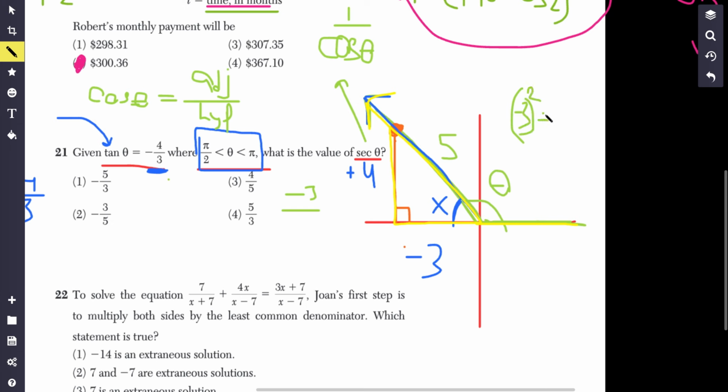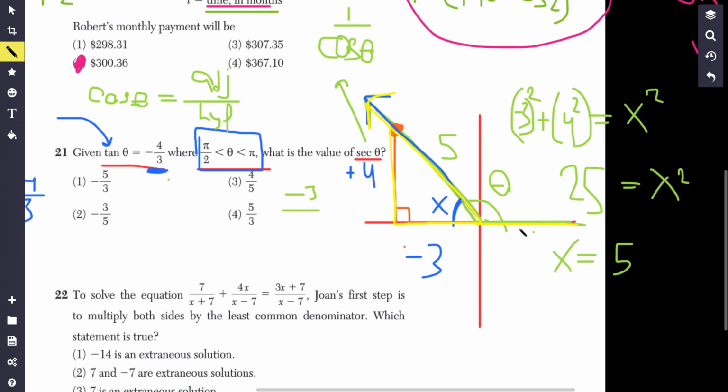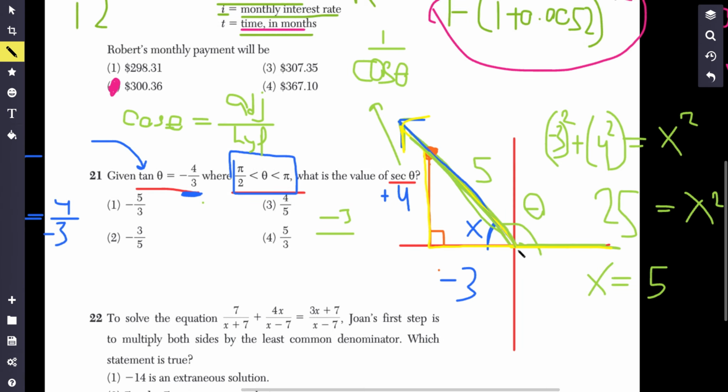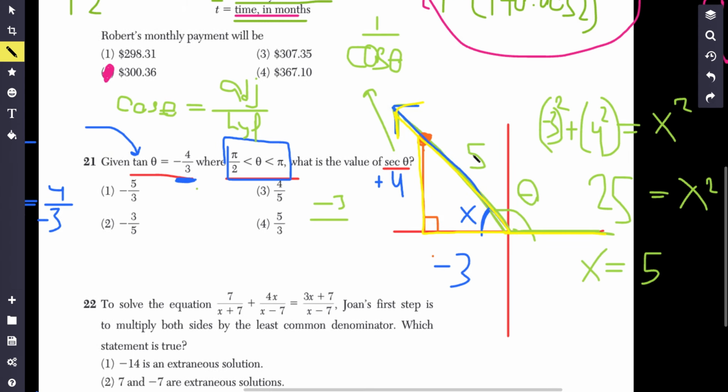Negative 3 squared plus 4 squared is equal to, if we didn't know this side was 5, let's say x squared. You would get 25 equals x squared, and x is equal to 5. Whenever you're solving for the hypotenuse, it's always going to be positive. It represents some sort of distance from the origin.